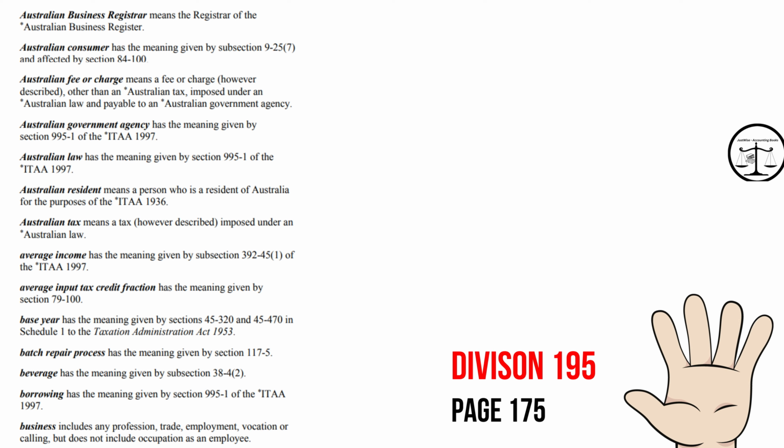Page 175. Word number 43. Australian business registrar. 44. Australian consumer. 45. Australian fee or charge. 46. Australian government agency. 47. Australian law. 48. Australian resident. 49.